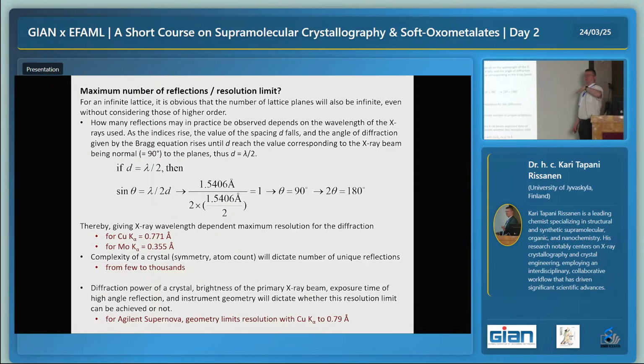And the point is that this number indicates how close objects we can separate. If this is very long, let's say it's 2 angstroms, we can't see individual atoms. But if it's 0.7, there are no atoms which are closer than 0.7.